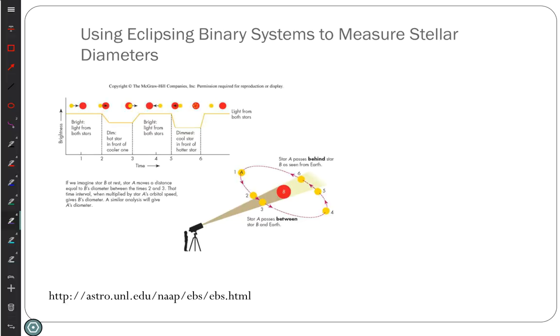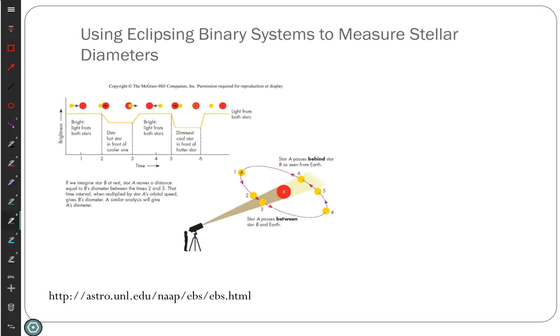It's actually less light because before we had the light from both stars, now we only have one. But it's the brighter star. If the one that's cooler passes in front, then we're going to have less light than we had if it was the hotter one in front. So you actually have a different dip depending on if it's the hot one in front or the cool one in front.